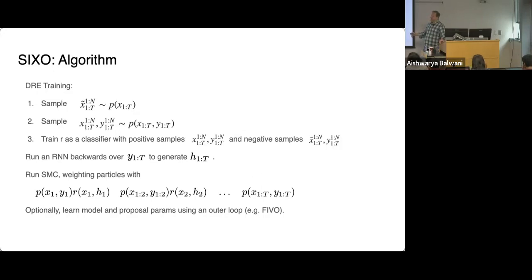This one marginally, and this one, you can think of this as also marginally from P of Y. Then we'll train a recurrent neural network to go backward over the samples and produce some hidden state, which we can then plug in to get our estimate of this classifier at each time step.